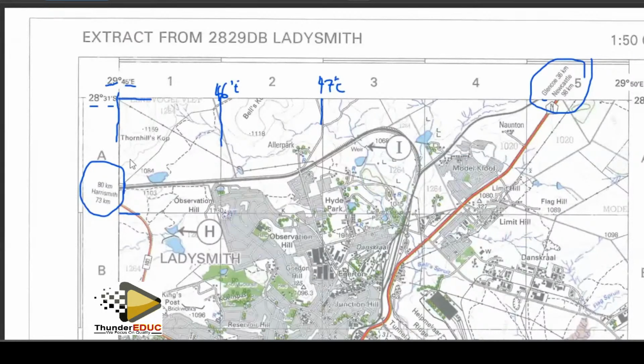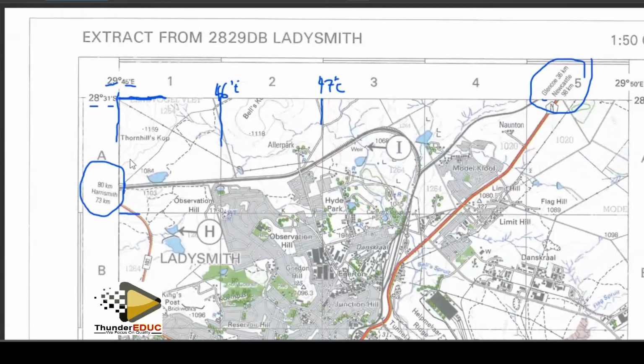So what coordinates do we want? We want 28 degrees of latitude and 31 minutes. 28 and 31 is along this line. Remember, we pick our coordinate from the northwest corner. So we want to see where it interlinks with our line of longitude, because our latitude of 28 degrees and 31 minutes to the south is along this line, the first line of the northern edge of our map. Then we want to identify the longitude, which is 29.47.